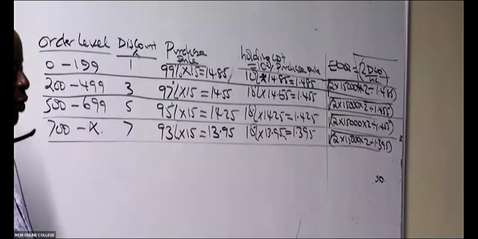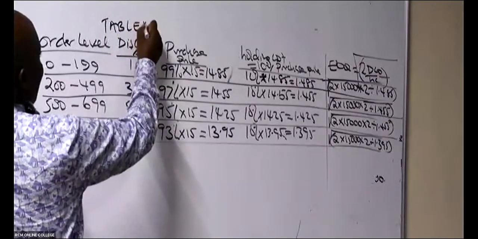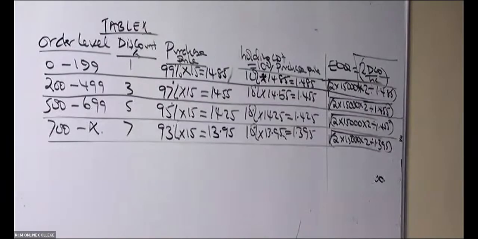So this will be my table 1. Once you finish writing this table to the very end, up to the EOQ column, please give me a signal.